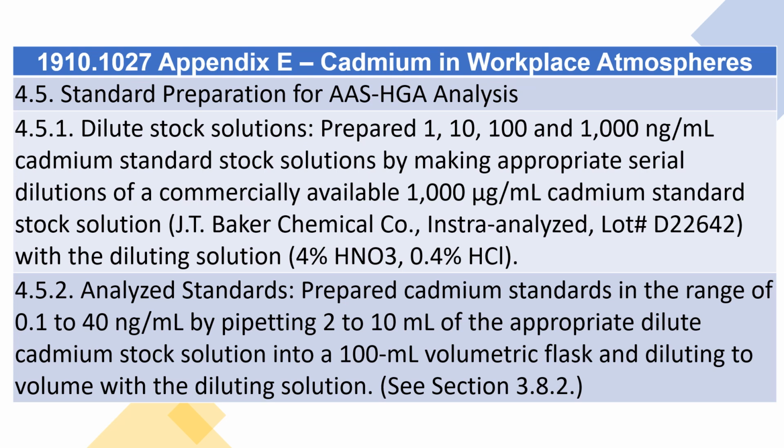Analyzed standards. Prepared cadmium standards in the range of 0.1 to 40 nanograms per milliliter by pipetting 2 to 10 milliliters of the appropriate dilute cadmium stock solution into a 100 milliliter volumetric flask and diluting to volume with the diluting solution. See Section 3.8.2.